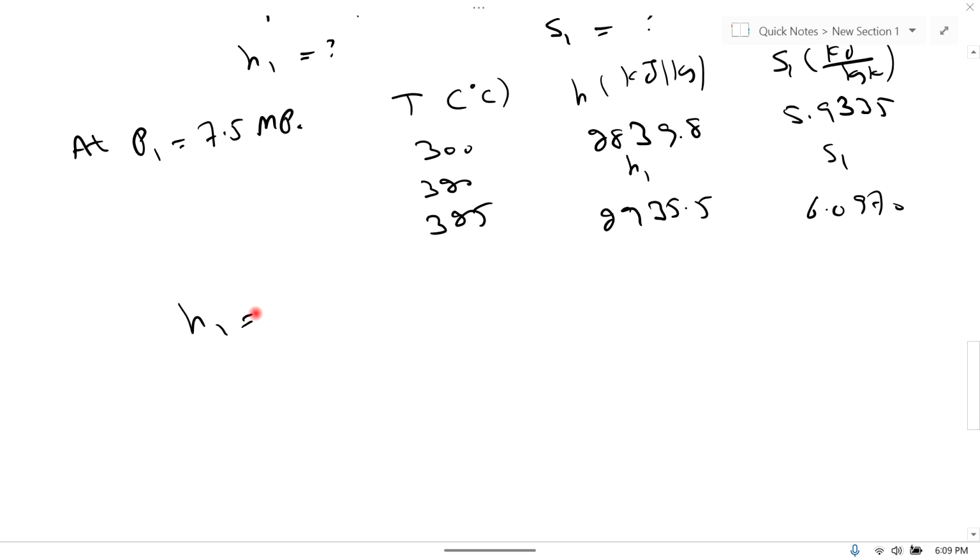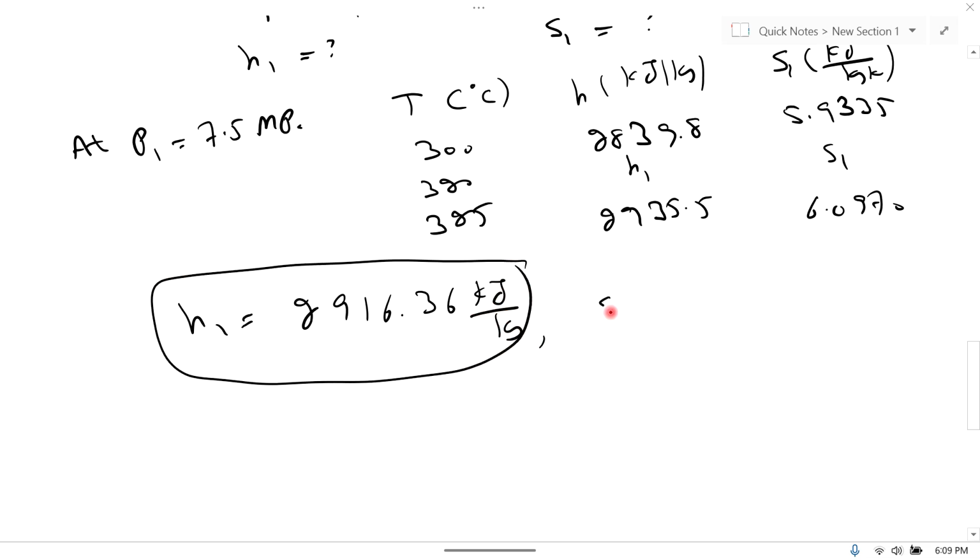So after interpolation, H1 is equal to 2916 kilojoule per kilogram. I already explained interpolation in the previous problem. And S1 is equal to 6.0643 kilojoule per kilogram per Kelvin.